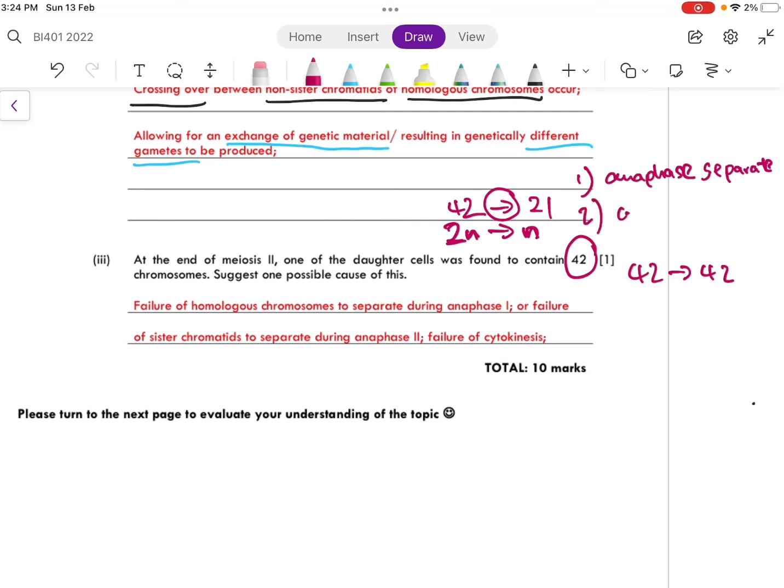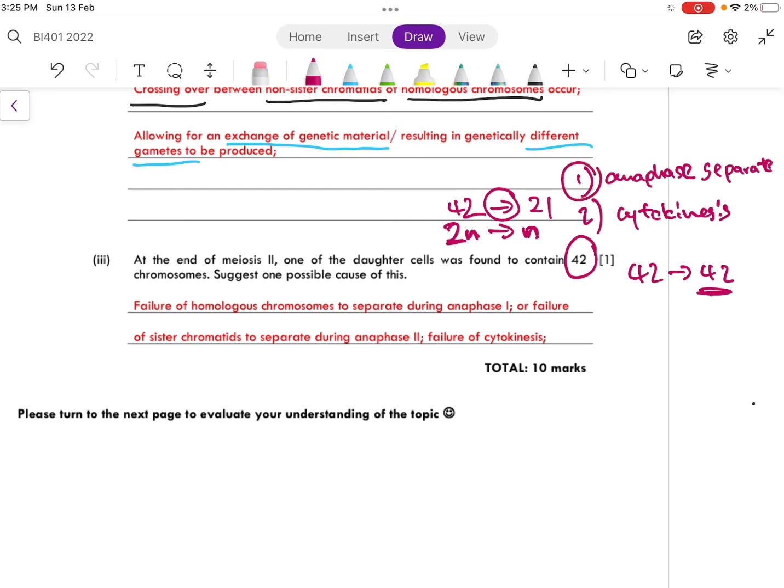Number two, cytokinesis. This is also important so that we can divide whatever DNA we have into two. If the cell doesn't divide into two, then we may not divide the amount of DNA into each of the two cells.